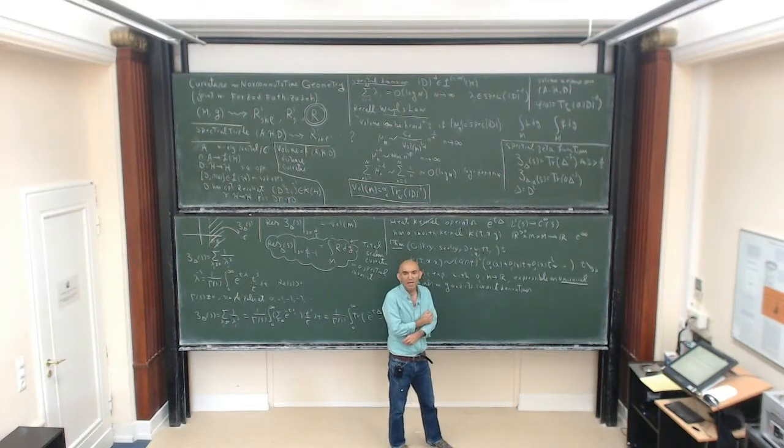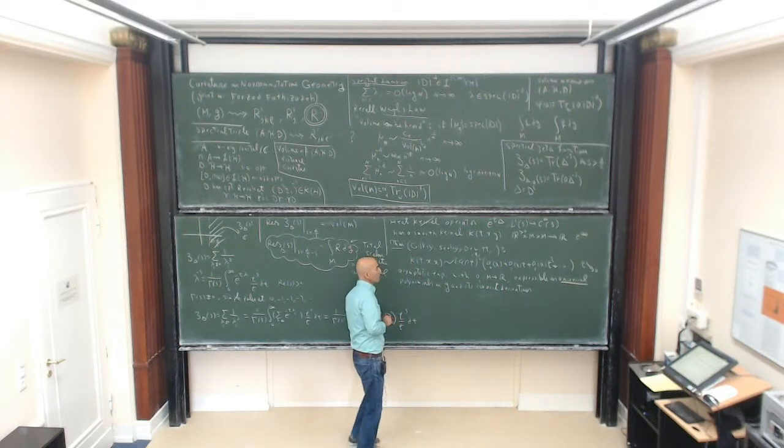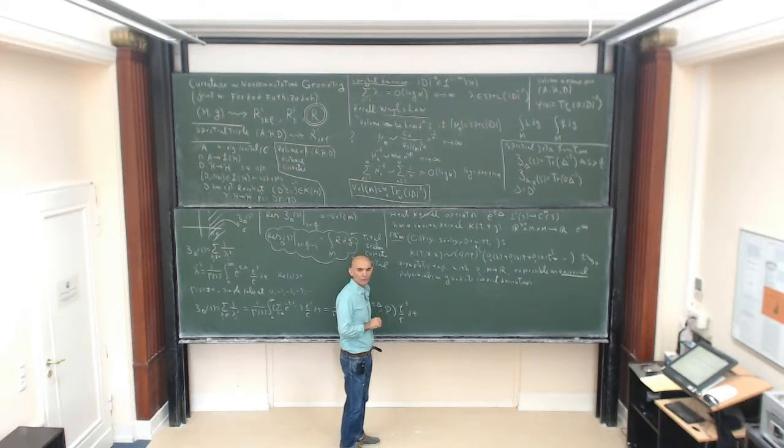Because it becomes extremely complicated and cumbersome and heavy calculation after 10 and 12. But there are formulas up to a6 in Gilkey's papers, and then up to a8 has been worked out, and maybe a10 also. But let me give you the first 2, 3 that we need.